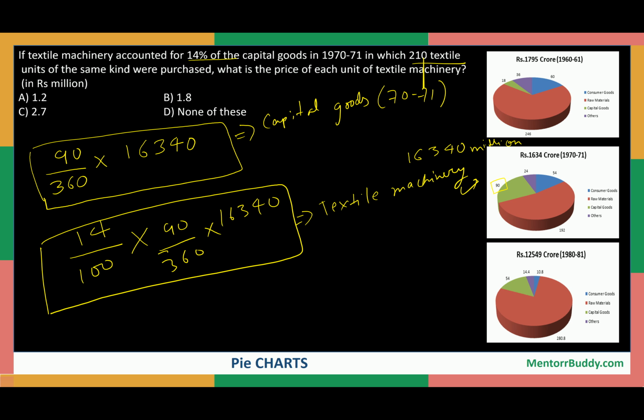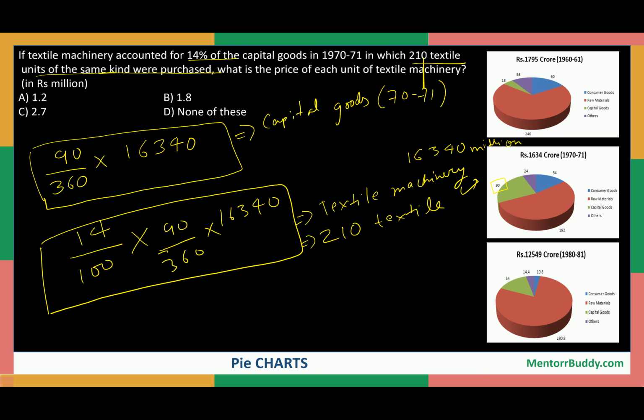210 textile units of the same kind were purchased. It means the 210 textile units cost this much, and they are asking the price for each textile unit. So if this is the cost for 210 textile units, then the cost for one textile unit will be this value divided by 210.